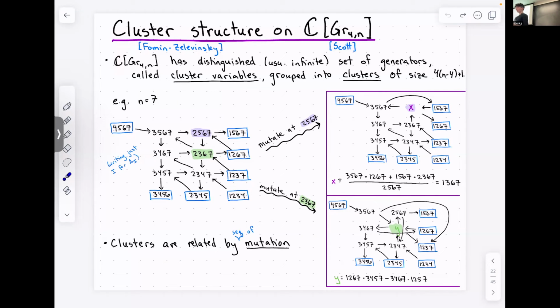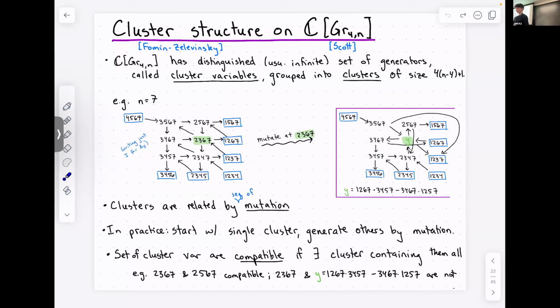Some mutations will take you to another seed consisting entirely of Plücker coordinates, but most seeds, infinitely many seeds for most Gr(4,n), consist of non-Plücker coordinate cluster variables. So here's an example of a mutation you can do to get this function, which is a cluster variable, but is some quadratic difference of Plückers.